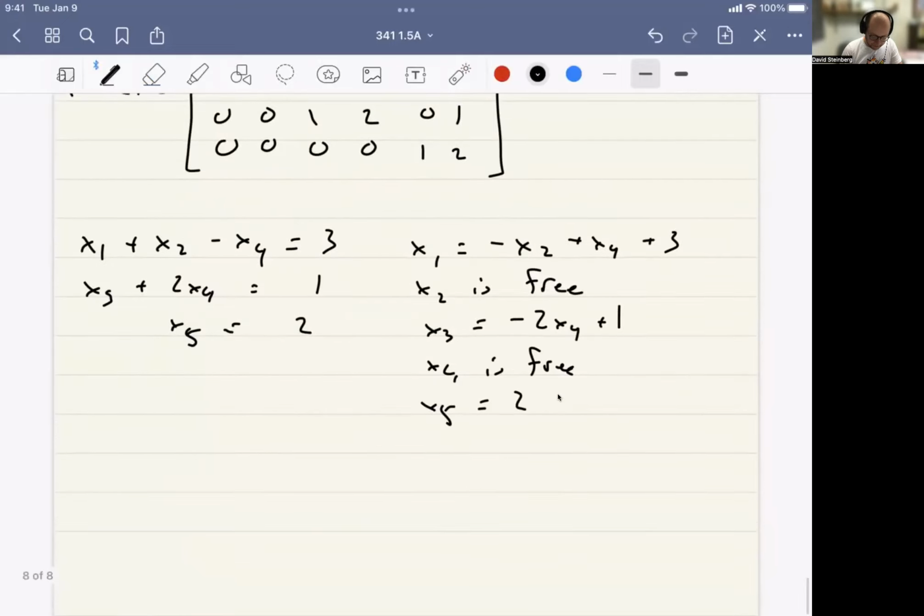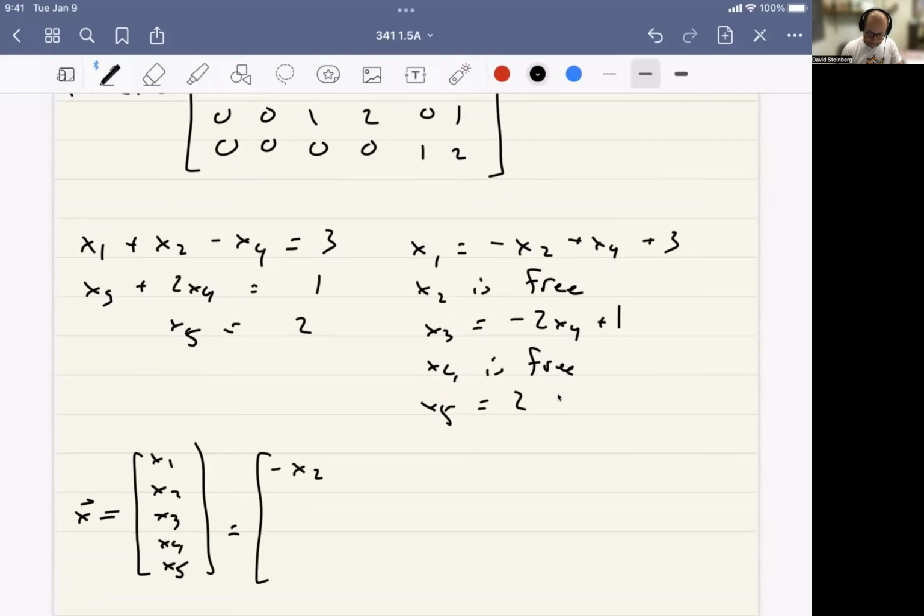So if x is a solution, then our vector x, x1, x2, x3, x4, x5 is equal to minus x2 plus x4 plus 3, x2 is going to hang out, x3 is minus 2x4 plus 1, x4 is going to hang out, and x5 is 2.